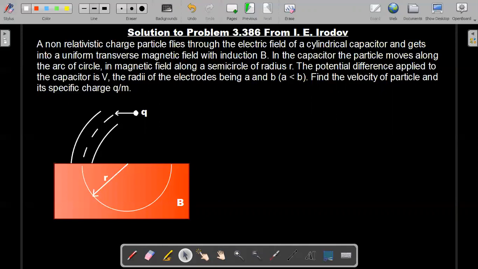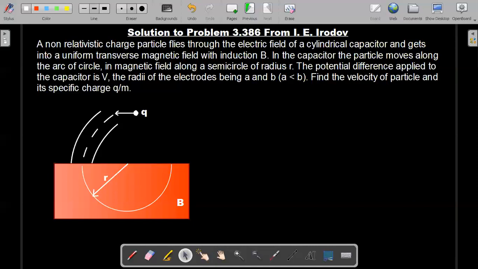We have shown a dotted circle. That dotted circle is the trajectory of the particle in the cylindrical capacitor. And that solid semicircle is a trajectory of radius small r, which is in the magnetic field space shown inside the box.